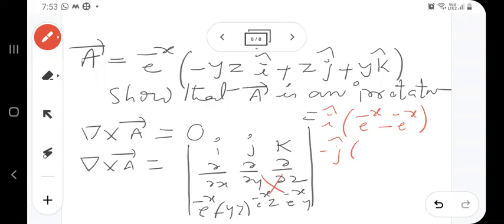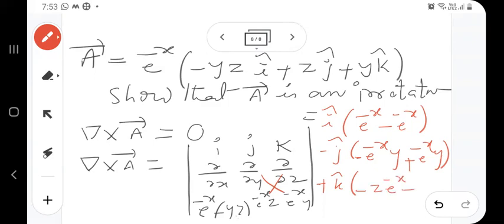With respect to x we are doing the partial differentiation, so y is constant. So you will get e power minus x, y constant, again minus x gives minus, so minus e power minus x y, minus dou by dou z of this, plus k cap into dou by dou x of that, which is minus z e power minus x.